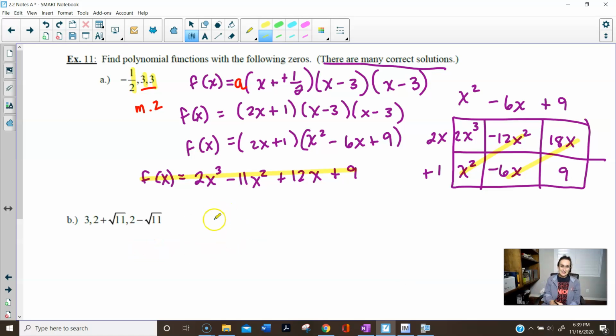All right, let's look at B. So B, 2 plus the square root of 11 has to have a conjugate, all right? And the conjugate that goes with it is to subtract the square root of 11.